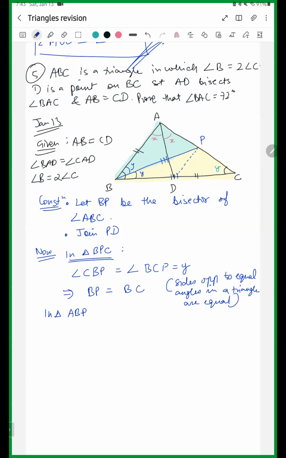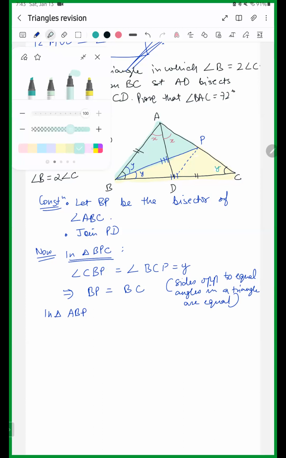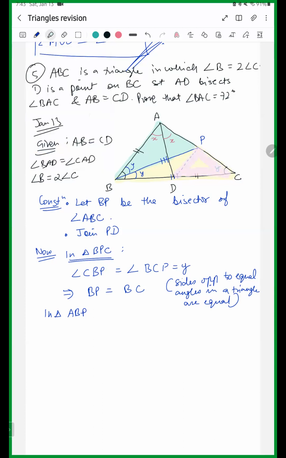In triangle ABP and triangle DCP, we know that this angle is equal to this angle: angle ABP is equal to angle DCP, equal to Y. Then AB is equal to CD, this is given.